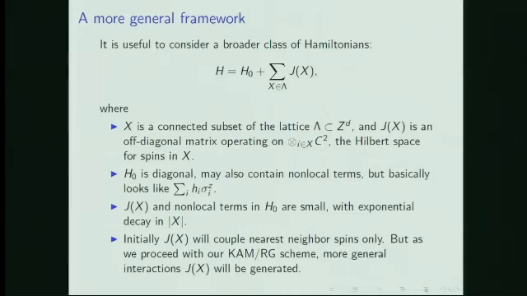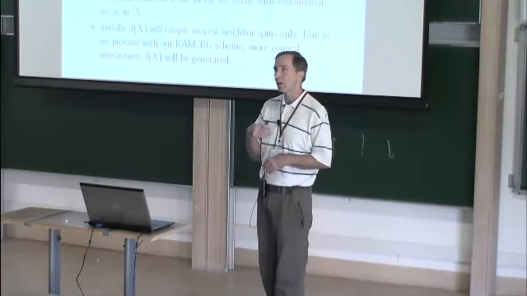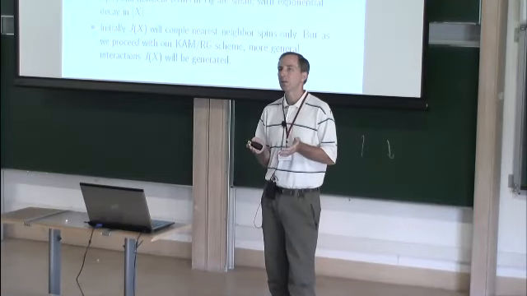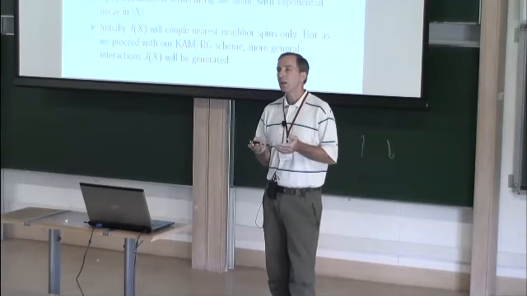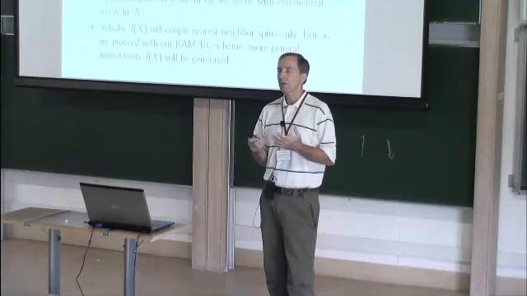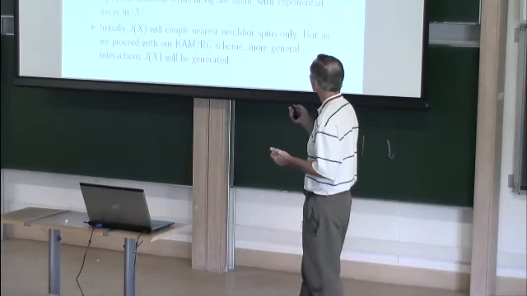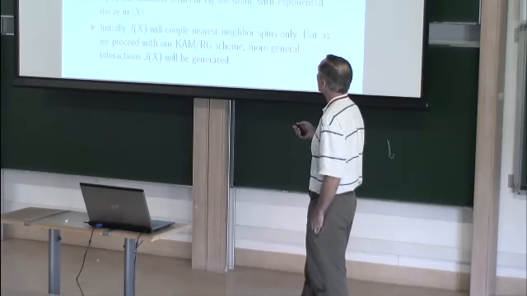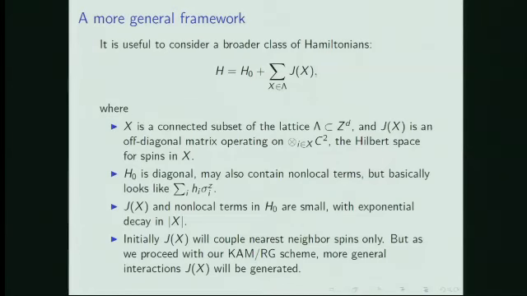Since, as the title of the talk indicates, we're doing a kind of Newton's method scheme, we're going to go first order only in our perturbative scheme with respect to these parameters j. So initially, j is just nearest neighbor. But then as the procedure runs farther and farther, we get to higher and higher order effects, and we get longer and longer range interactions. That's important to say: as the range gets bigger, the amplitude typically gets smaller.